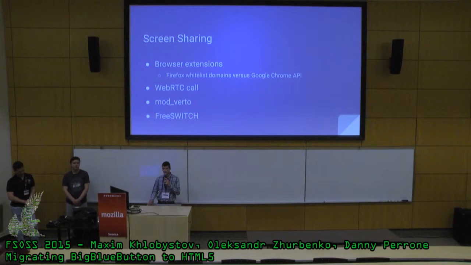Then from our client JavaScript, we would connect to the FreeSwitch endpoint, Modverto. And then Modverto would connect us to FreeSwitch. FreeSwitch would receive our video stream, and it would receive any other video stream that is being shared to the server, and it would mix them all together and send us back that one video stream. And that one video stream is HTML5 compatible.